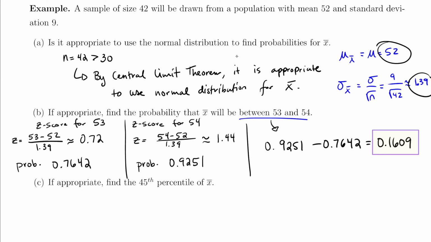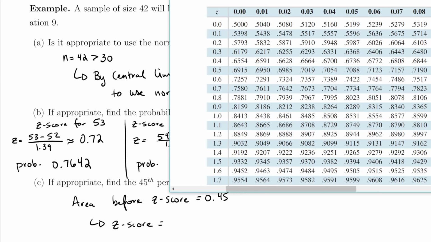So next up for C, we know if it's appropriate, which it is from A, find the 45th percentile of x bar. So we know how to deal with this. The 45th percentile is basically telling me, look for what z-score takes up 0.45 area before that. So we'll bring up the chart. Now, since I'm looking for 0.45, I know at exactly a z-score of 0, I have 0.5 of the chart.